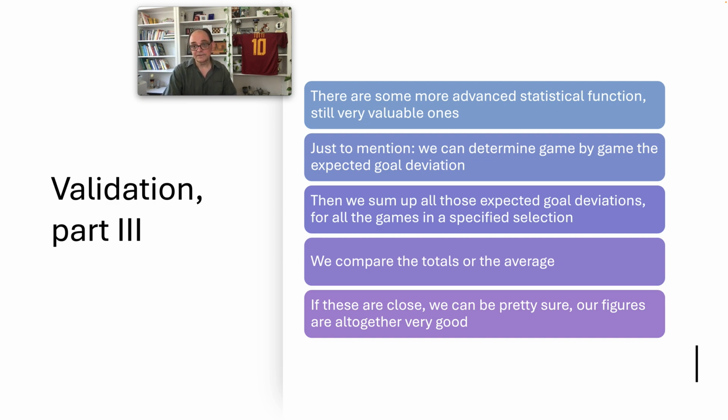There are some more advanced statistical functions, still very valuable ones. Just to mention, we can determine game by game the expected goal deviation. Then we sum up all those expected goal deviations for all the games in a specified selection. We compare the totals or the average. If these are close, we can be pretty sure our figures are altogether very good.